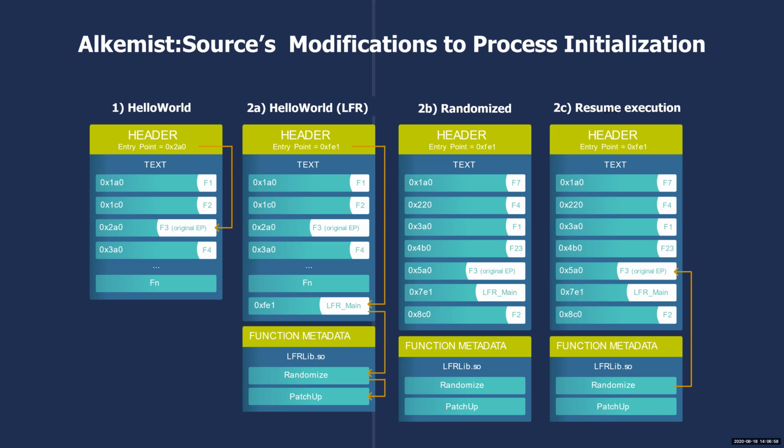It's the only code we add to the actual text section of the binary, and that code only exists to call into the liblfr library. We randomize all the functions in memory, and then we pass that entry back into the original entry point, and execution continues as normal.